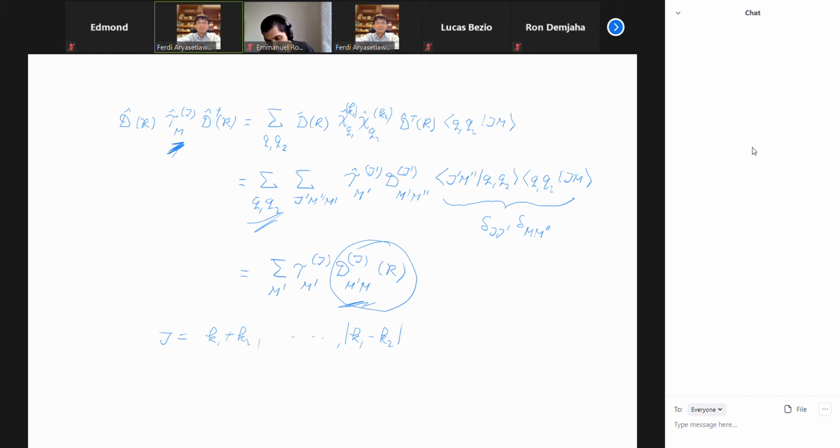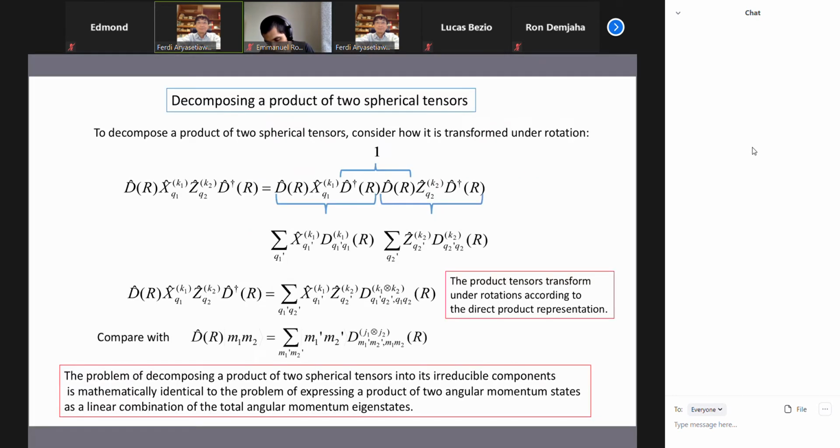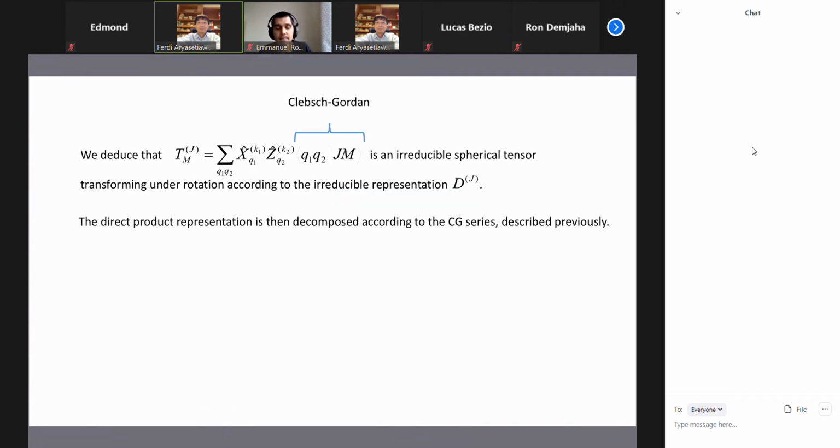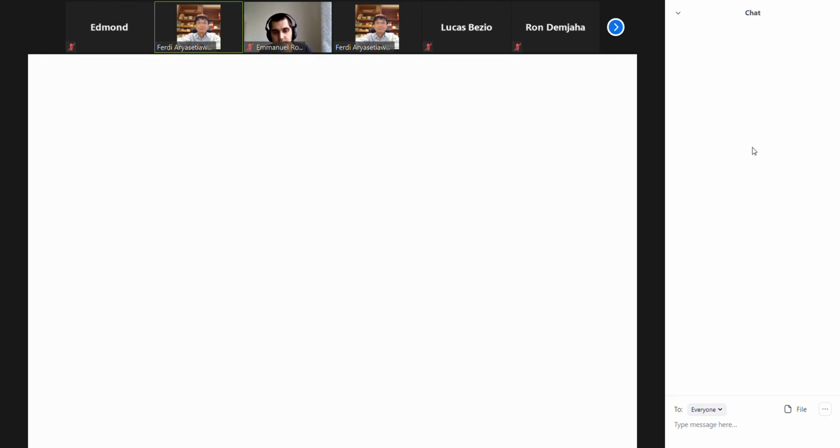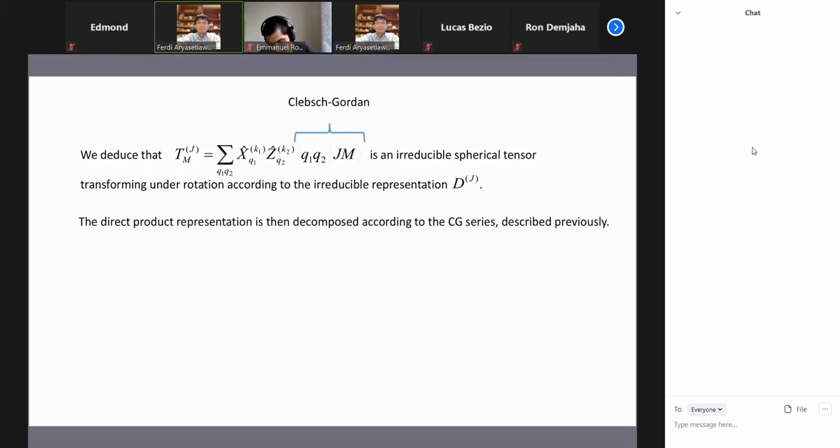Okay, so that is the general way of decomposing the spherical tensors into their irreducible components. This is basically what we have here.